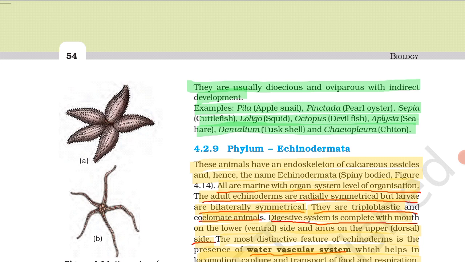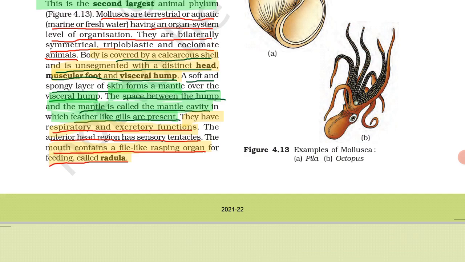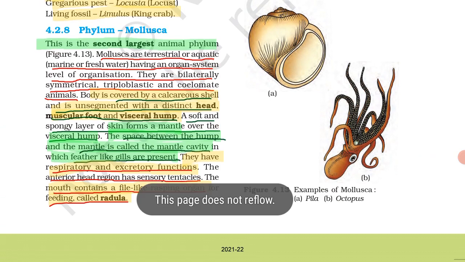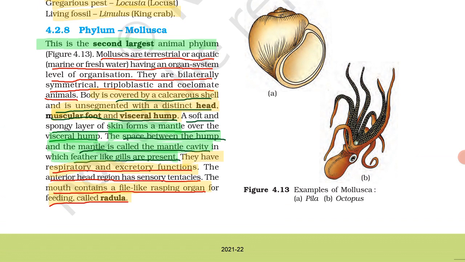Let's revise this phylum Mollusca. It is also called the largest animal phylum. Molluscs are terrestrial or aquatic, marine or freshwater. They have organ system level of organization. They are bilaterally symmetrical, triploblastic, coelomate animals.